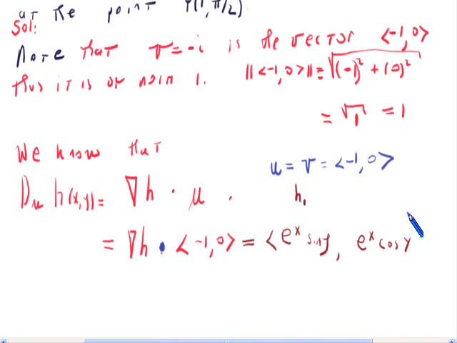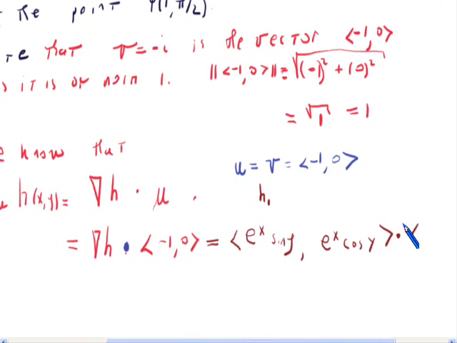Okay, so this is what I have, and now I take the dot product of this with negative 1, 0. What I end up with is negative e to the x sine y, because it's this times this plus this times 0, and that second term just becomes 0.